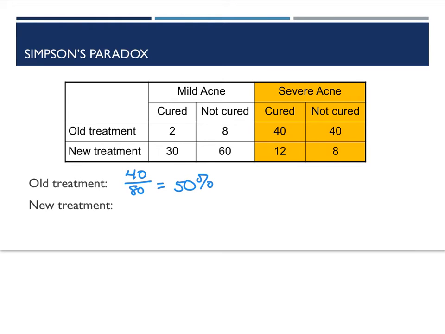With the new treatment, 12 people were cured out of 20. So 12 out of 20 cured, I think that's 60. Yeah, that's 60%. So if I look at the people who have severe acne, again, it appears the new treatment worked better, 60% versus 50%.